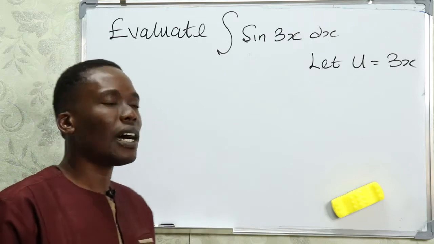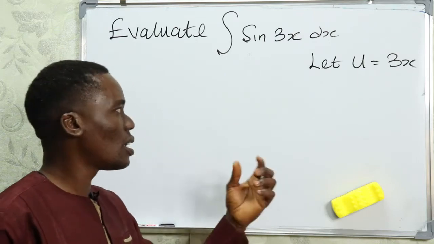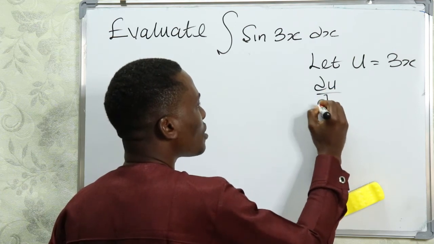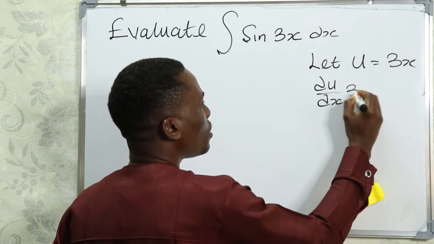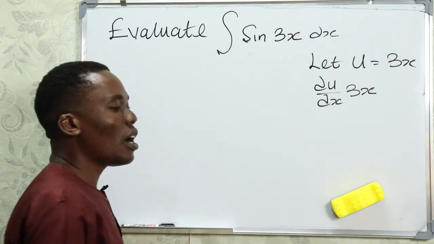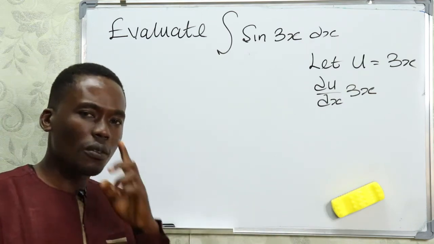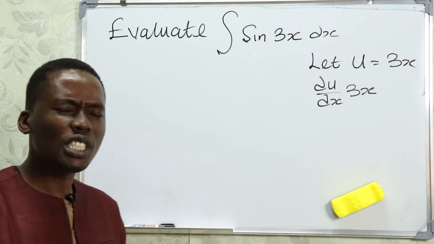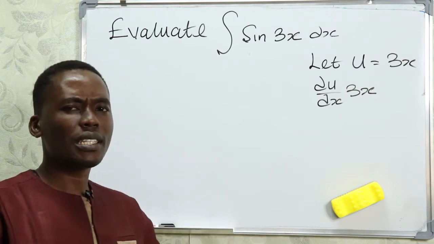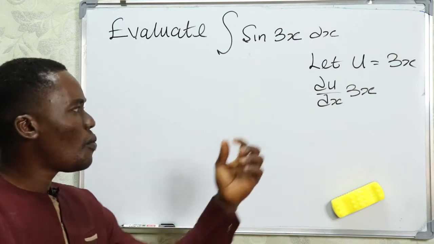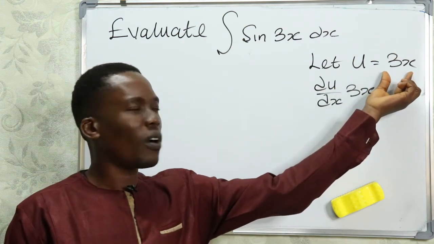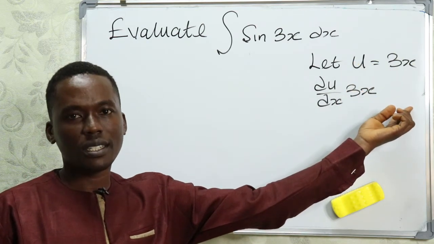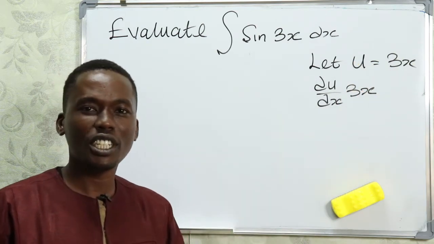Now if we let u be equal to 3x, we are going to find the du dx of that value. Now if we are looking for the du dx of this value, I want you to note 3 things. If you are differentiating a constant, you get 0. If you are differentiating a value of x, you get what? You get a constant. And that is how differentiation goes.